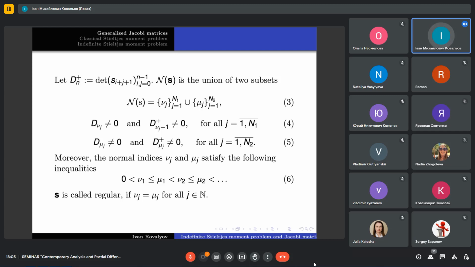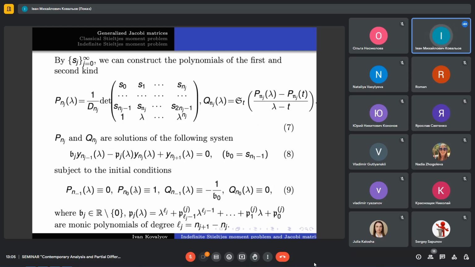It is a union of two subsets, nu and mu, where the indices nu can be found by formula 4, and the indices mu by formula 5, and the indices nu and mu satisfy inequality 6. Moreover, the sequence s is called regular if nu_j equals mu_j for all j.